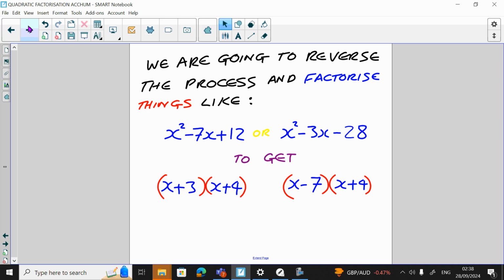So how do we decompose them into their linear factors? That's what it's called, linear, because each of the x's are actually x to the power 1. How do we get there? And that's the purpose of this wee lesson.